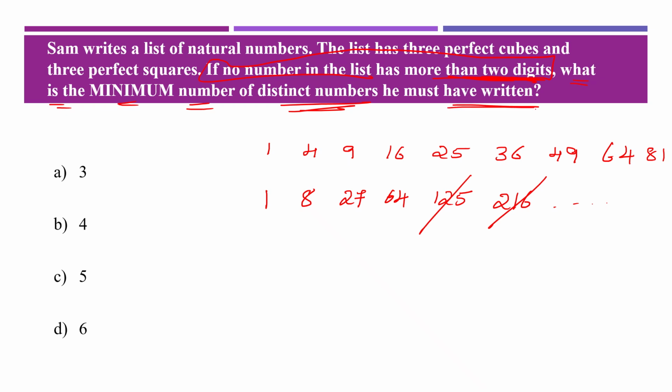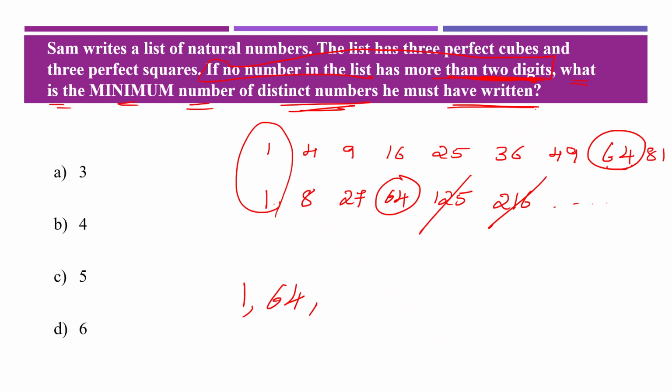Minimum number of numbers, actually one, if it is both a perfect square and a cube, so one number will do for both cases. And I believe 64 again, which is a perfect cube as well as a perfect square.